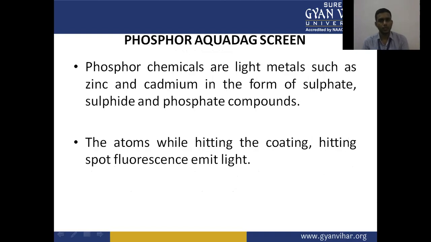Phosphor screen: the phosphor chemicals are light metals such as zinc and cadmium in the form of sulfate, sulfide, and phosphor compounds. The atoms, while being hit, emit light by fluorescence.